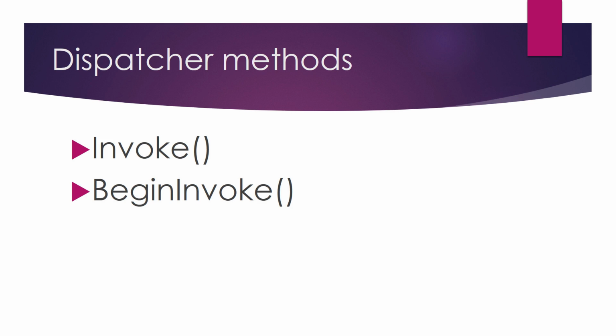Dispatcher has two methods we can use: invoke for synchronous action and begin invoke for asynchronous. Asynchronous means the program flow control returns immediately to the calling object after it's called.